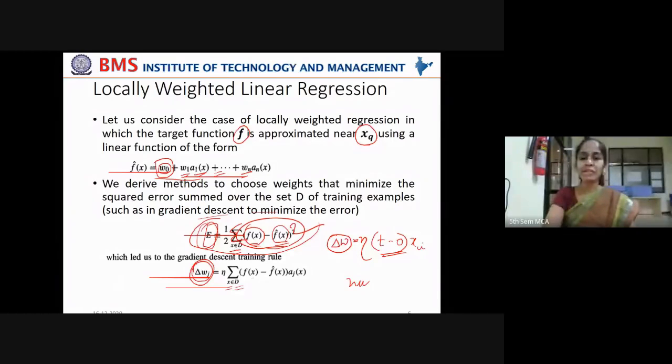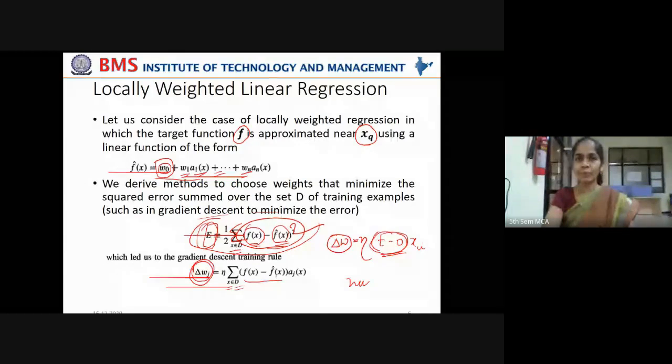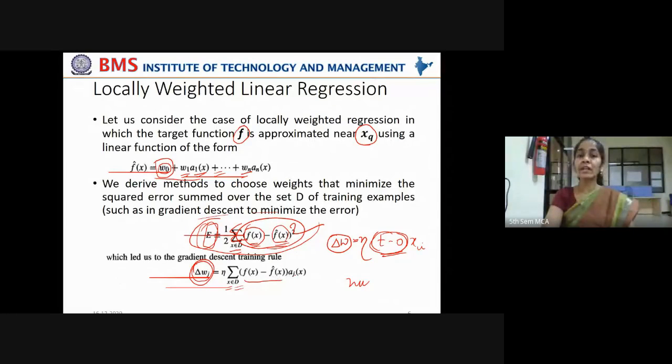What is the prediction error, in the case of t minus O? We have a similar representation. F cap of x is the estimated or predicted value, and f of x is the existing value, the training set example. The difference between them is f of x minus f cap of x. And what is the input here?